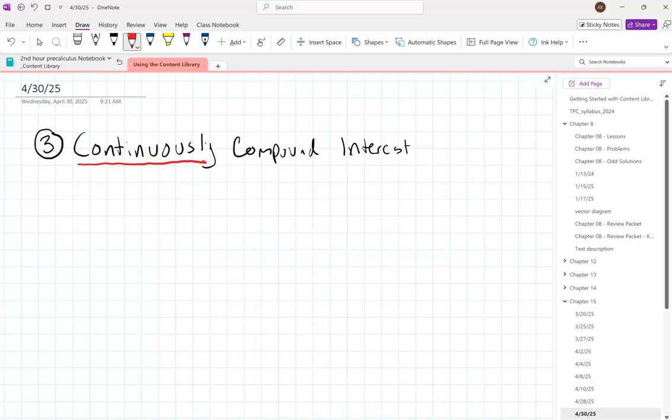Who wants to take a risk and just throw out a guess? Number of compounds per year if we say it's continuously compounding.